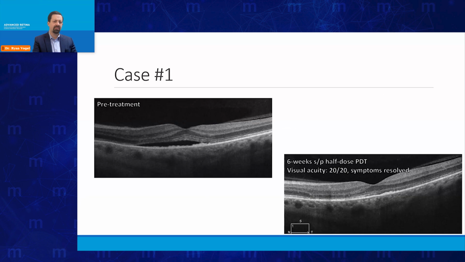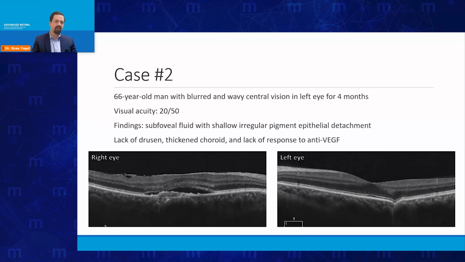Here's another case. This is a 66-year-old man with blurred vision and wavy vision in the central area. He's had this for 4 months. Visual acuity was 20/50. We see a shallow, irregular pigment epithelial detachment along with an area of subretinal fluid.